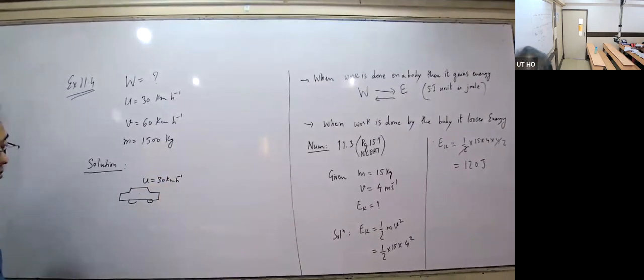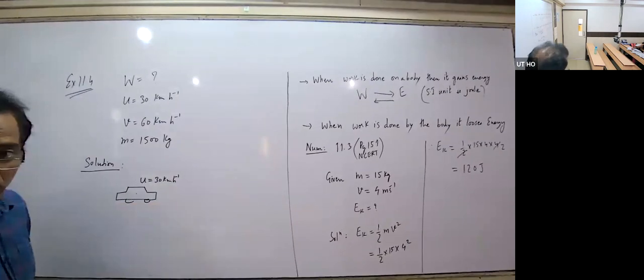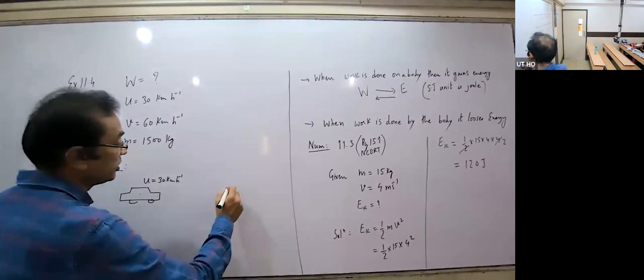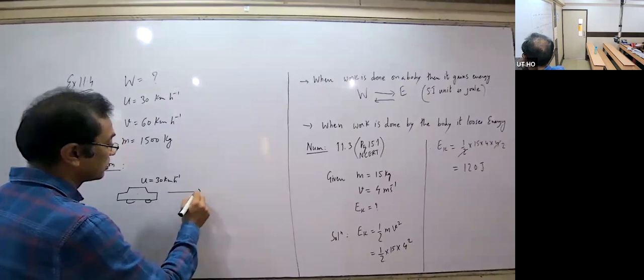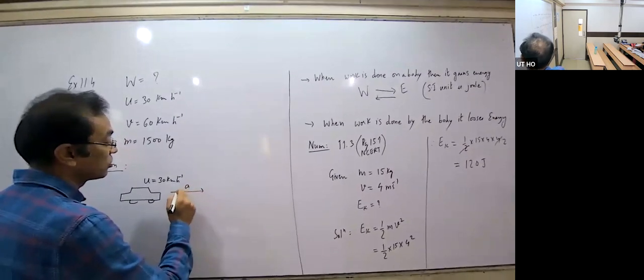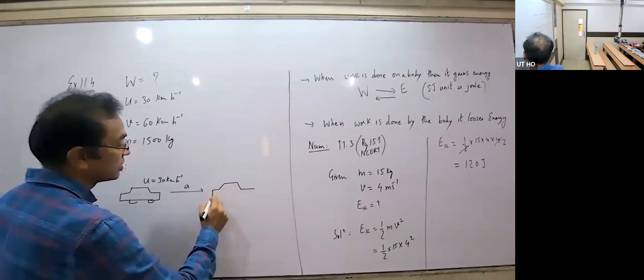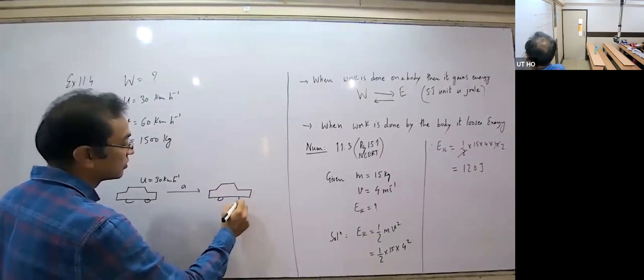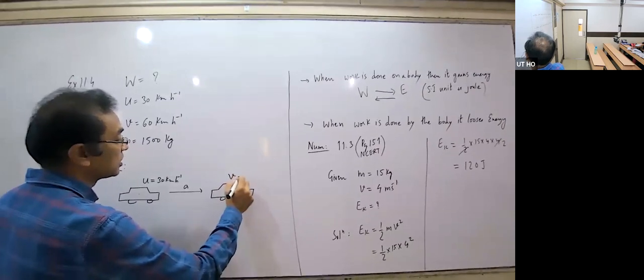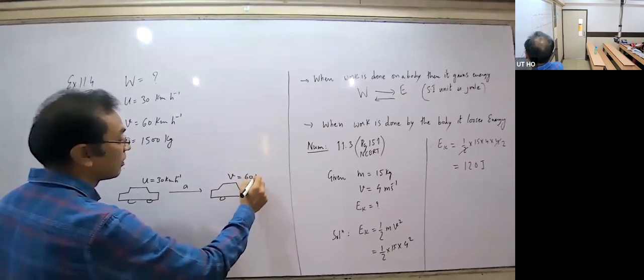Right? Now the force is applied on the car. So there will be force due to which it will gain acceleration. And its new speed is 60. Right? So its speed has increased.